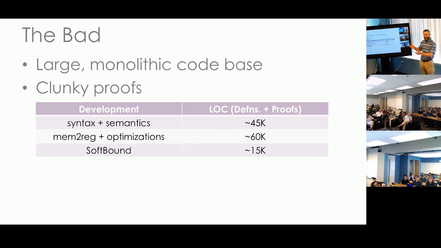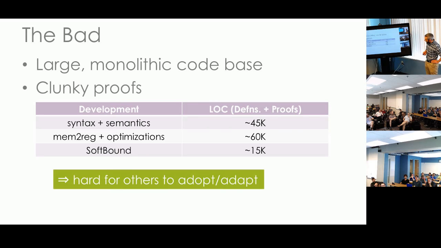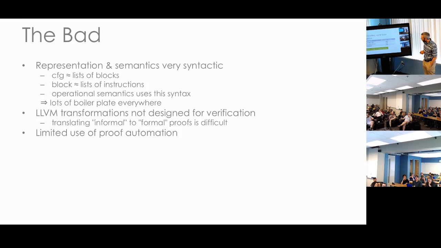You can get all of it, but I would not recommend it. The Vellvm development is available, and you can take a look at it. It's probably a bit rotted because it was for an old version of Coq, and so it wasn't great. It was pretty hard for other people to adopt this, although we did have a couple of people, in particular Gil Hur at Seoul National University, who has been using our Vellvm infrastructure for some projects there.